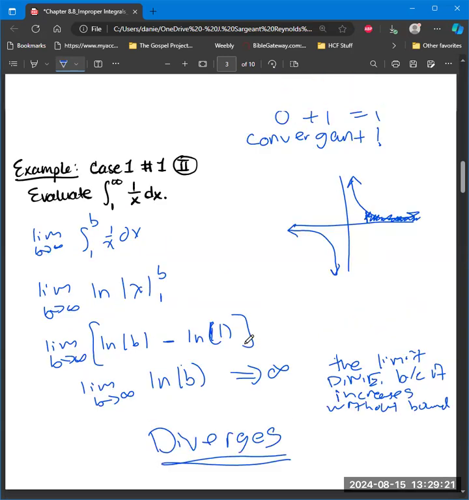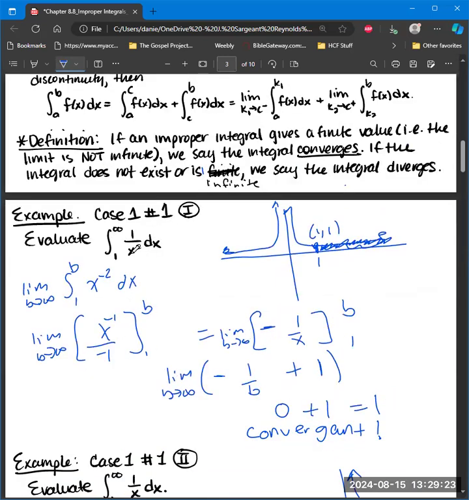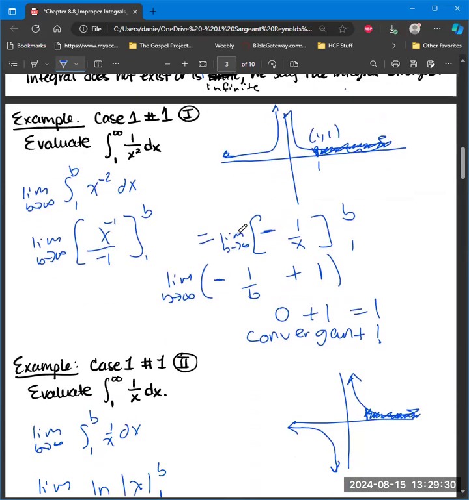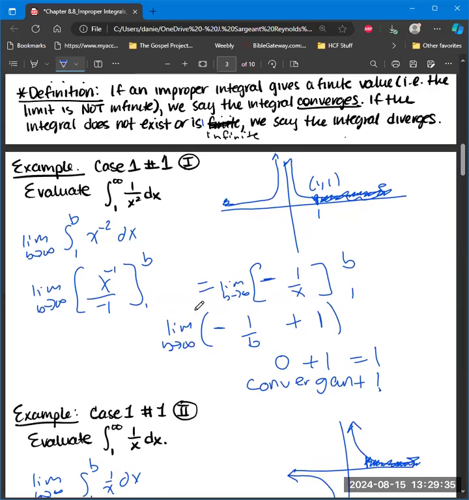So we're going to learn a rule in chapter 9 that has to do with what this power is down here in the bottom. It's also right here in chapter 8. I'm not sure that we're going to get to the theorem, but I'll tell you the theorem right now.